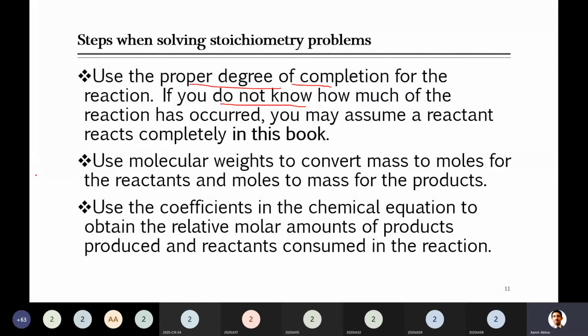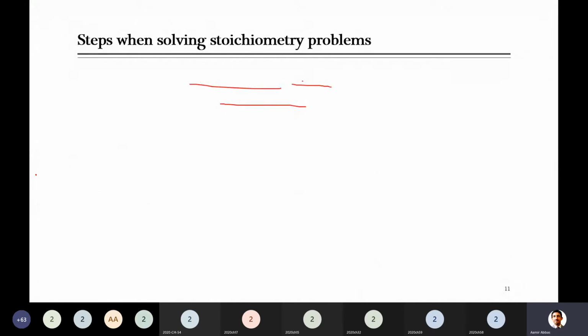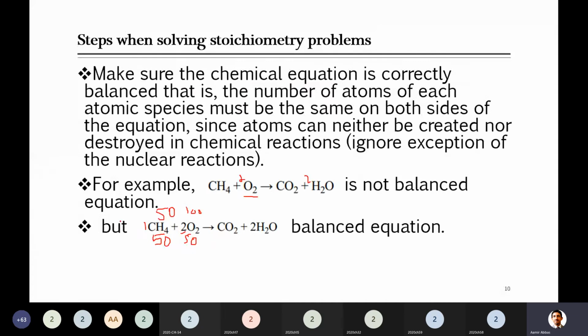We use the coefficients in the chemical equation to obtain the relative molar amount of the product produced or reactant consumed. Whenever you write any material balance equation and you need how much something is produced, generated, or consumed, you will get this information of generation and consumption from the equation.